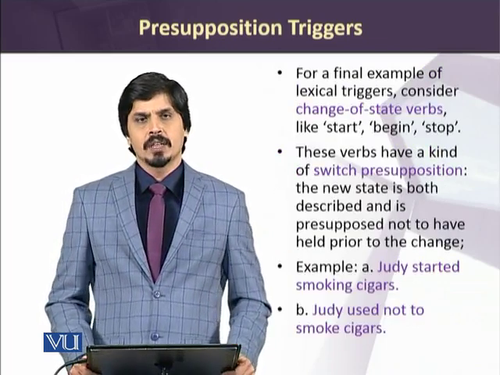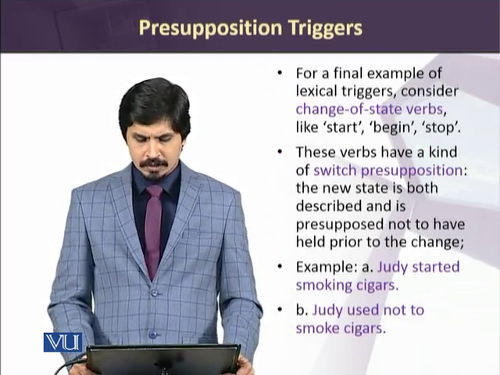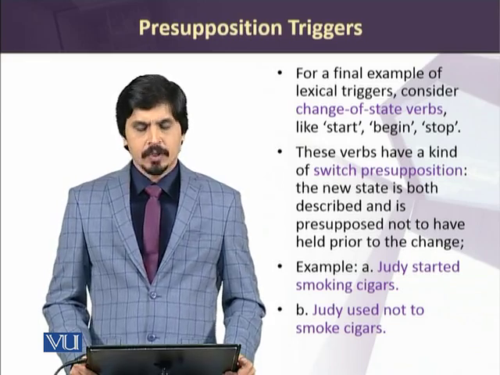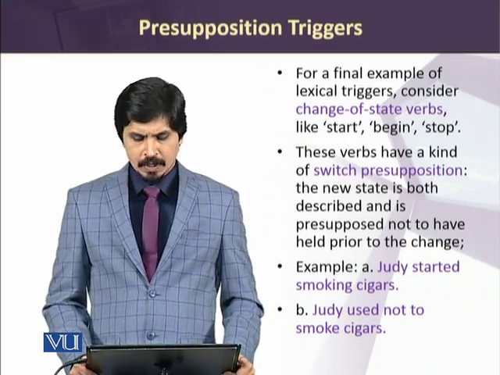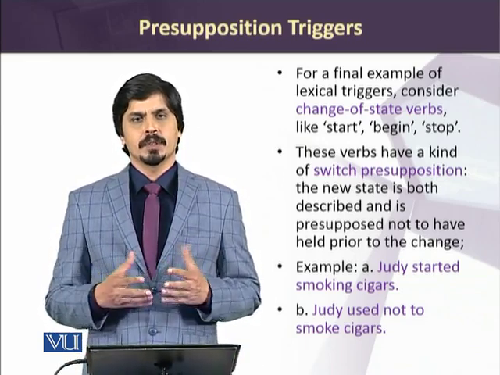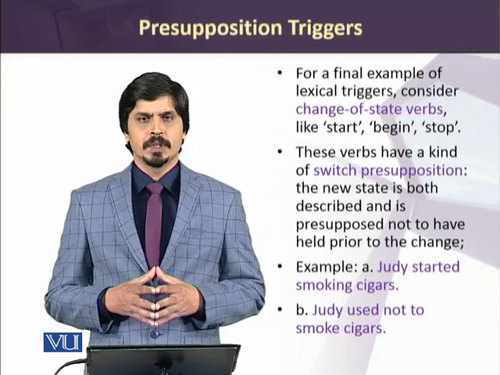We can also have some other kinds of words. We call them change of state verbs. For example, start, begin, stop, which also produce certain presuppositions, and such presuppositions are usually known as switch presuppositions.